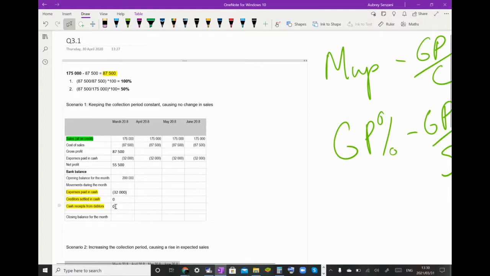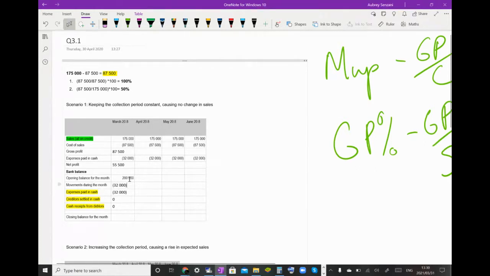So for the month of March, it's 0 under cash receipts from debtors. We didn't receive anything. So then the total on the movements is just this 32,000. That's why we work out all this stuff in yellow to get the total on the movements.